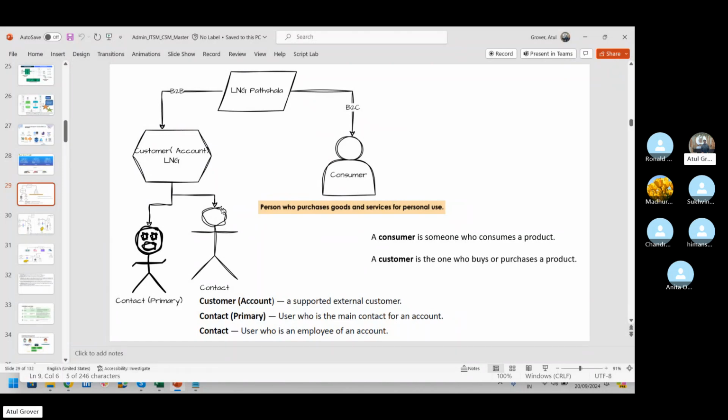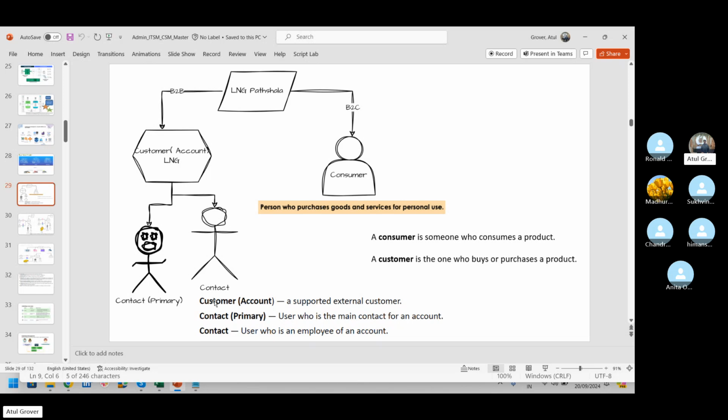I have multiple contacts: Ronald, Anita, Himanshu, Sukhwinder, Chandramani, Madhure. But primary is Ronald. Tomorrow, if I want to give some update, say I'm closing this contract with you, then I have to contact only Ronald.